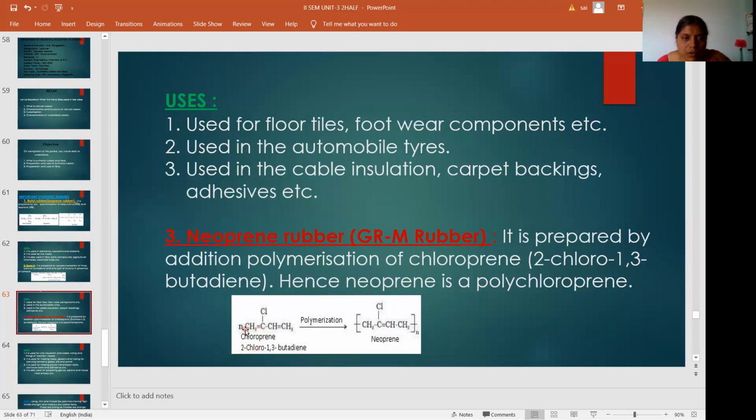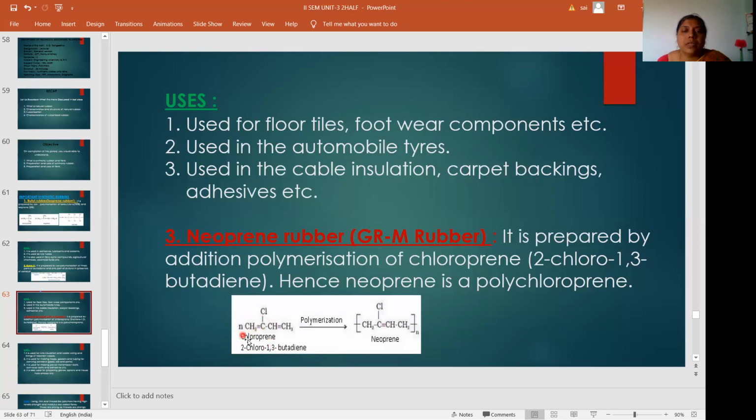So 2-chloro, 1,3: the first carbon has a double bond and the third carbon has a double bond, so that's why 1,3-butadiene. Chloroprene is the common name, and 2-chloro-1,3-butadiene is the IUPAC name.